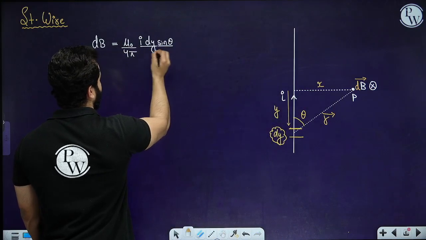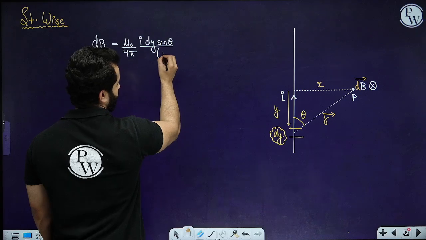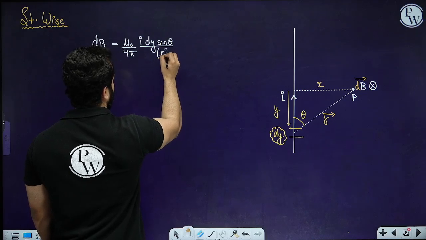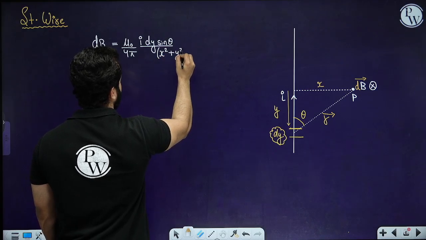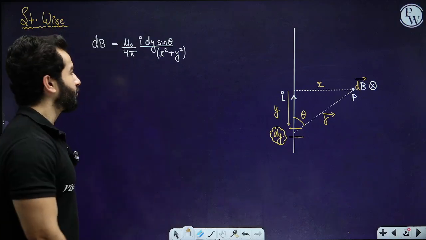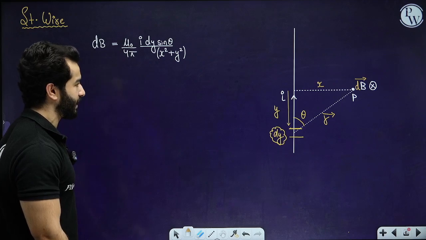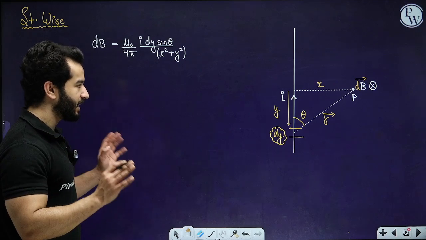This was by the way ideal sin theta upon r square. So this magnitude is going to be nothing but x square plus y square. That's it. It was root, the magnitude was root, we used to square it down, so this is going to look something like this. Hopefully everything is clear till this point.